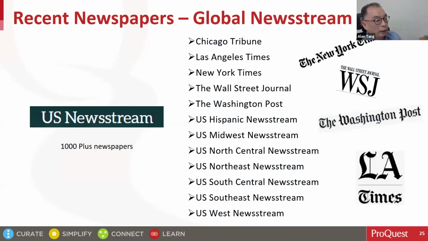Just list out some of the newspapers in U.S. Newsstream. As I just mentioned a second ago, it covers more than 1,000 newspapers in the United States. Here is just some of the sub-newsstream here: the New York Times, Wall Street Journal, Washington Post, LA Times.